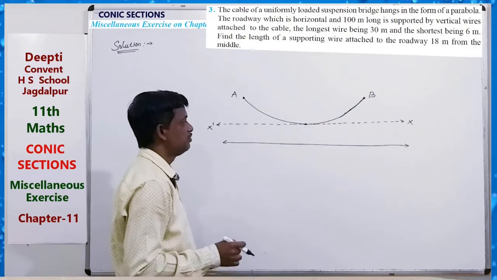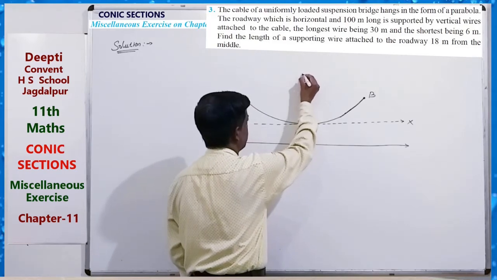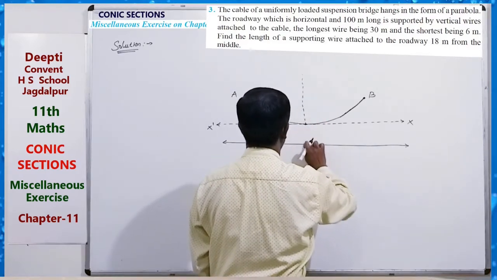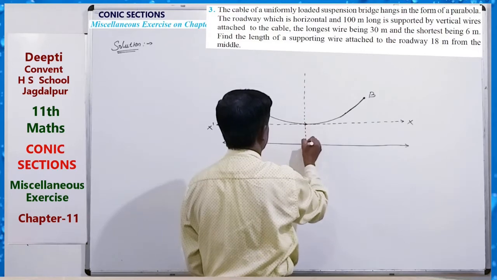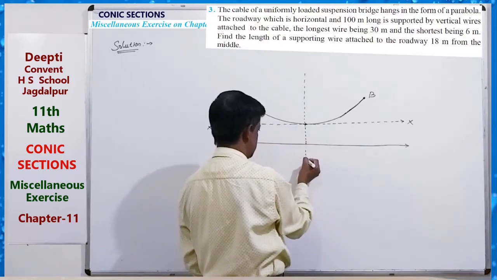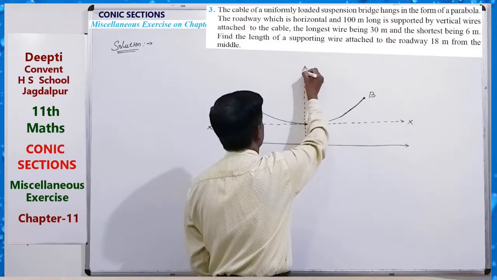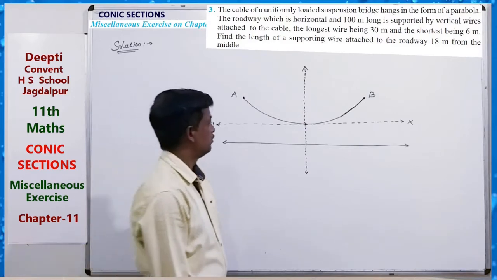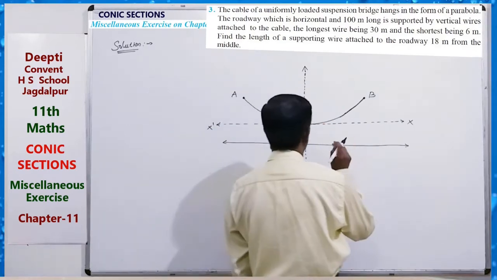So we have to take the x-axis and y-axis, and this is the y-axis. Here is the maximum supporting wire, and the minimum supporting wire.